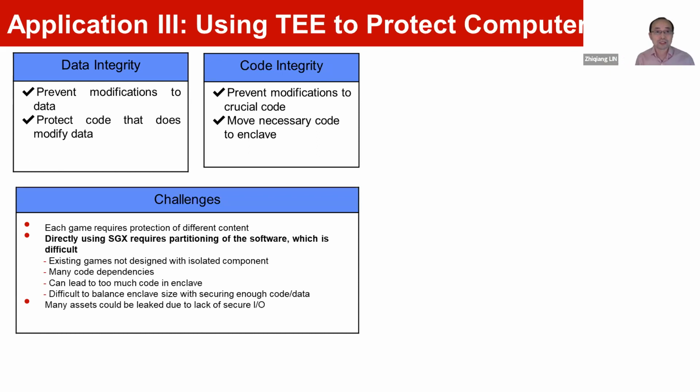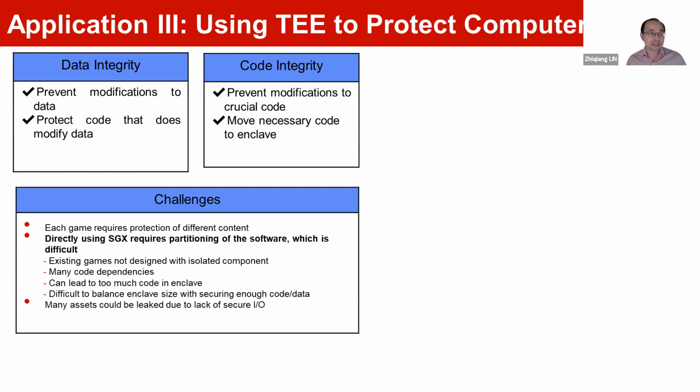And if you zoom in to ask how we can make it practical, and you really say let's adopt TEE for anti-cheating, then there are multiple challenges you have to solve. Each game has different secrets and different resources, so you have to understand the particular secrets in the game.